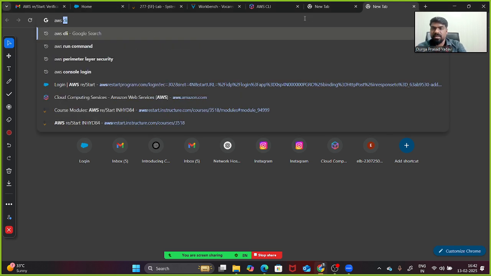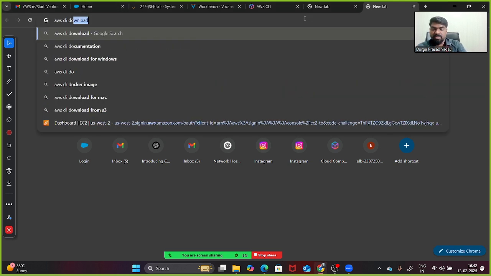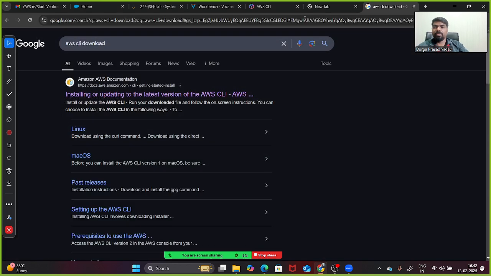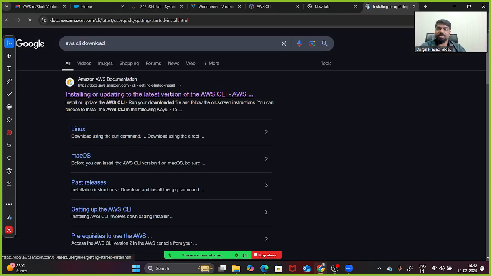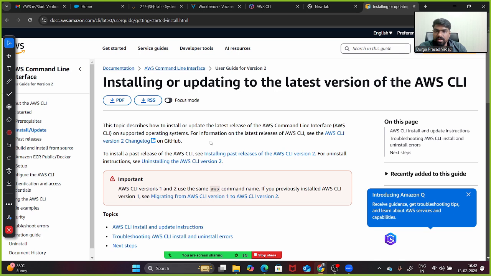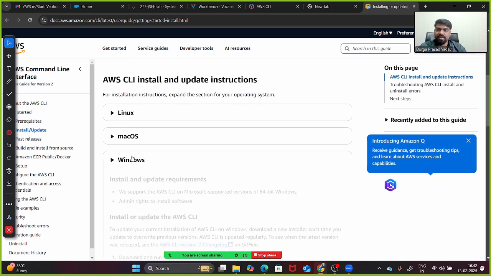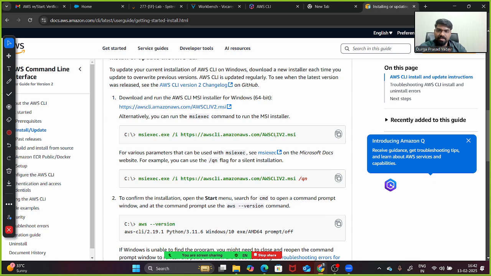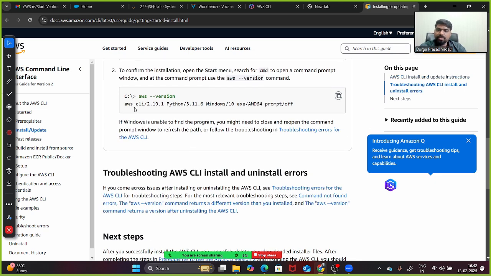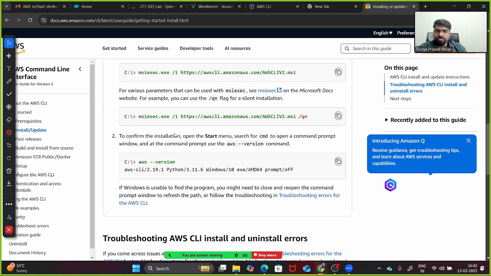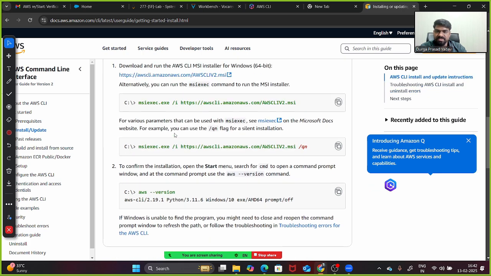Sir. AWS CLI download. Okay, so the first option is coming, AWS CLI download. And for Windows, Mac OS, Linux, we can click on Windows, and these are all the options. You can download from any place.